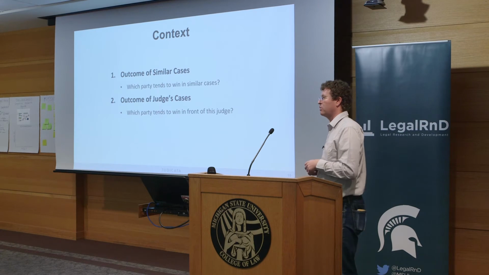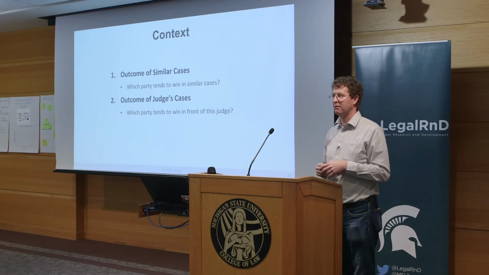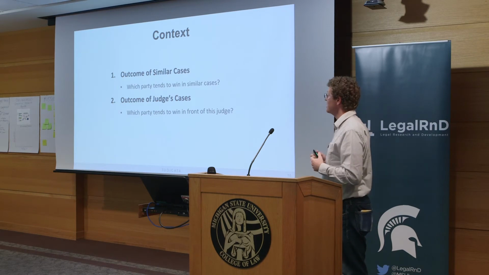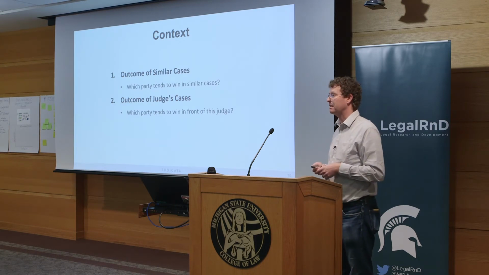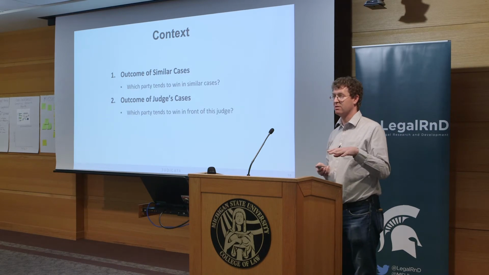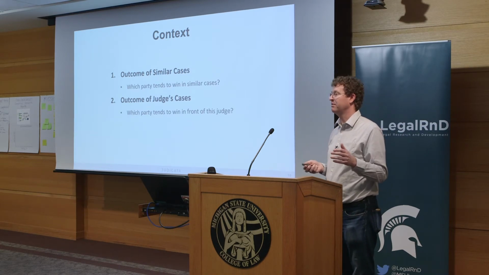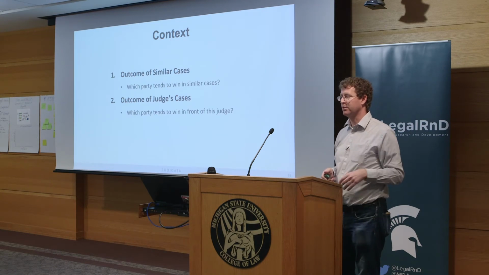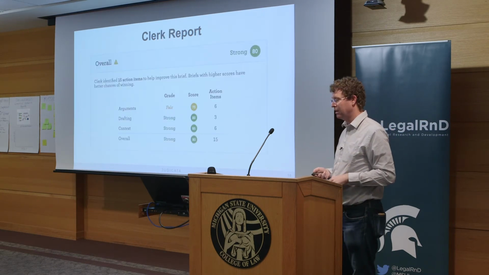And judges, same sort of thing. We look at a judge and we figure out how likely they are to rule for one side or the other. And across both of these, we have a rough measure of how likely a party's brief is to win based on content or data that's not in the brief. If we just took a blank slate and said, how likely are you to win, that's what the context measures.